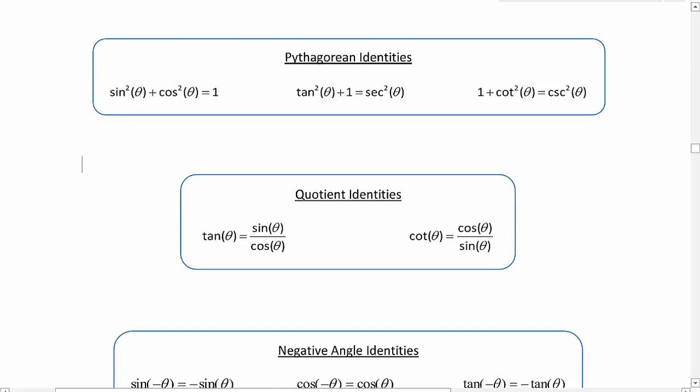Honestly, I only ever remember the first one, sine squared plus cosine squared equals 1, because I can derive the other ones. So let me show you how to do that. I'm going to have bad notation here, just abbreviating.